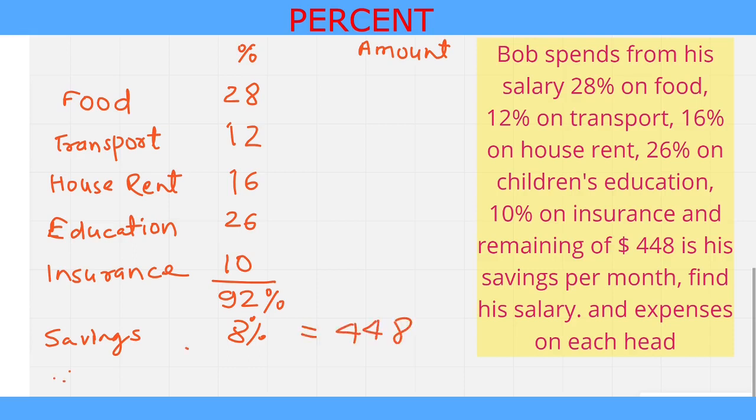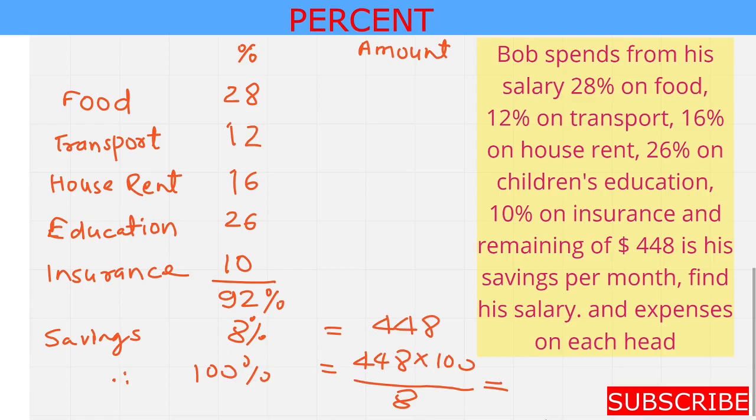Therefore, 100% equal to 8 divides 448 for 56 times, and 56 multiplied by 100 comes out to be 5,600. So the salary of Bob is 5,600. Now we have to find his expenses on each head.